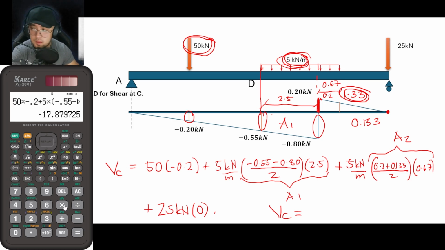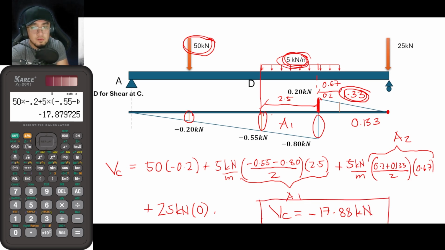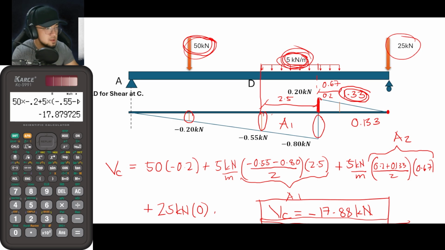Okay, so from that, the answer for shear at C is equal to negative 17.88 kilonewtons. So this is now the value for VC, considering our solved ILD earlier and these actual loads. So there.